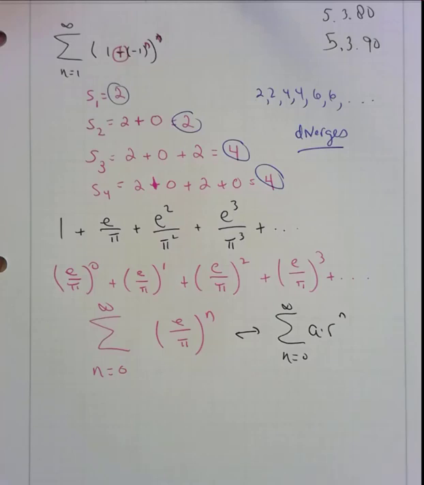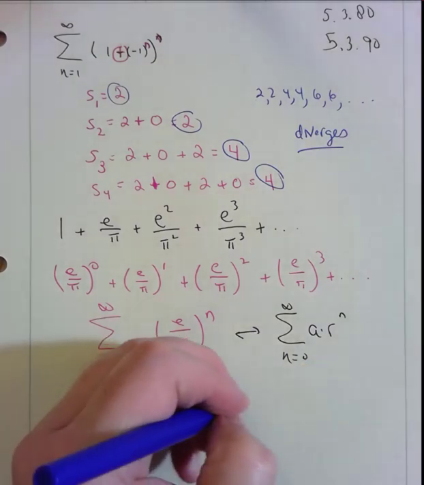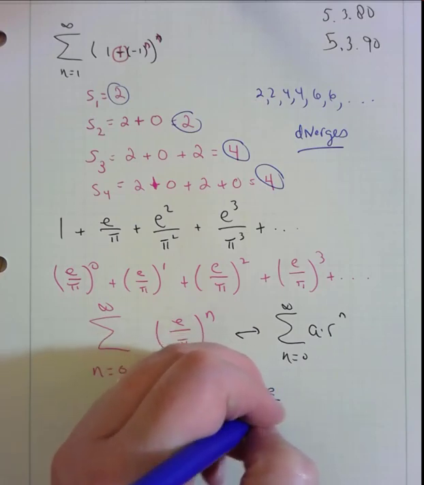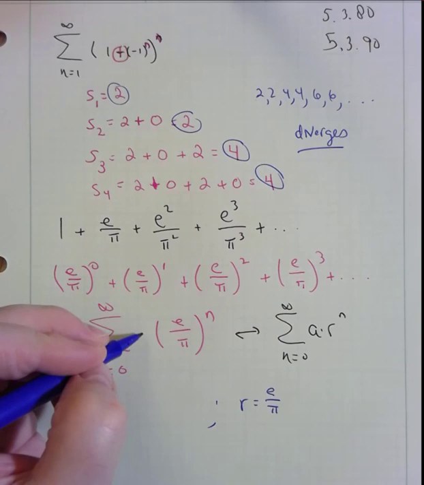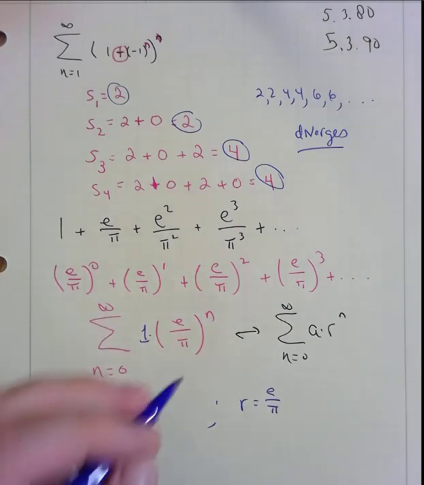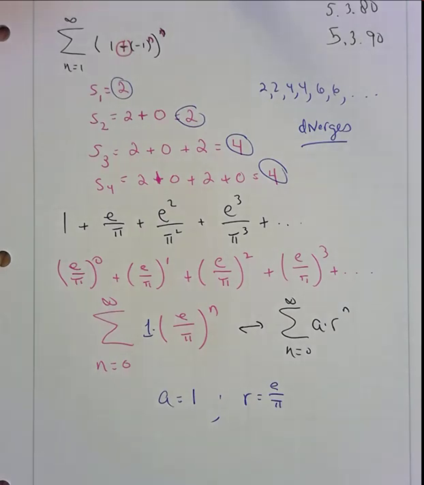And we've got to decide what's what. Well, e over pi to the n is r to the n. Certainly clear that r is e over pi for us. And a, well, right there's kind of a ghost 1. So a is 1.